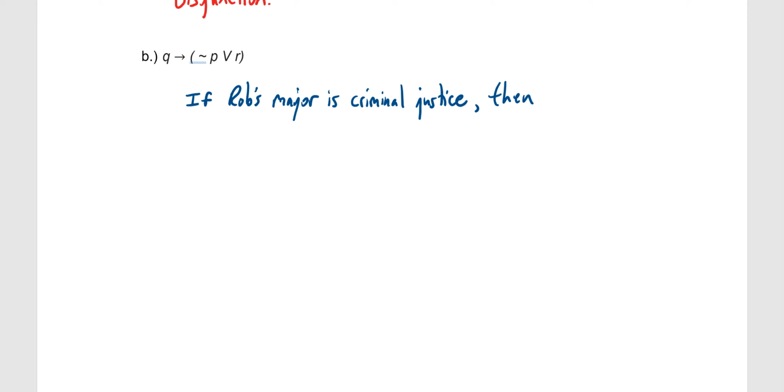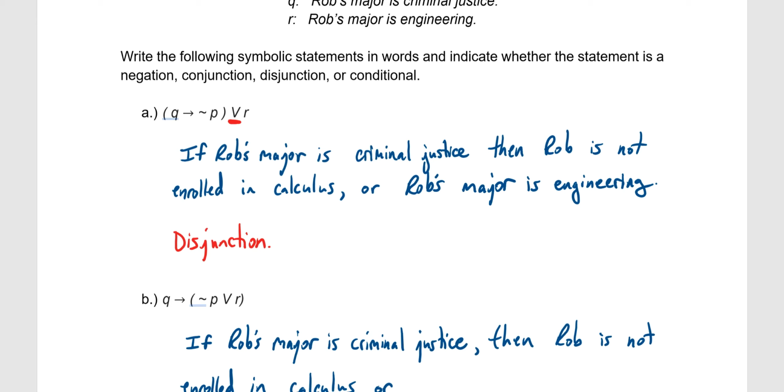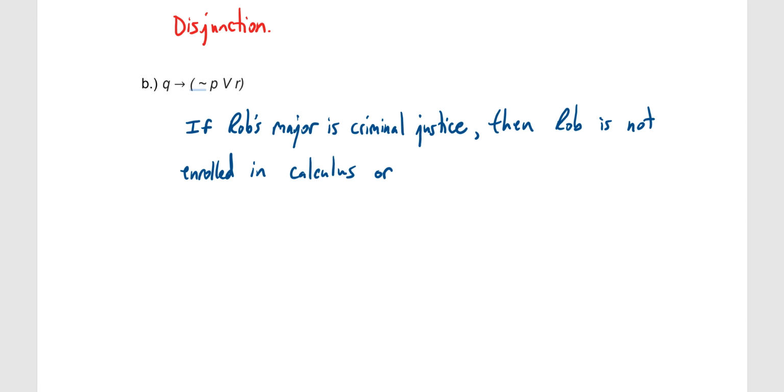So that's going to be if Rob's major is criminal justice, then Rob is not enrolled in calculus. And it's a disjunction, so we have the word or coming next. So then Rob is not enrolled in calculus, or statement R. Statement R is Rob's major is engineering. So or Rob's major is engineering.